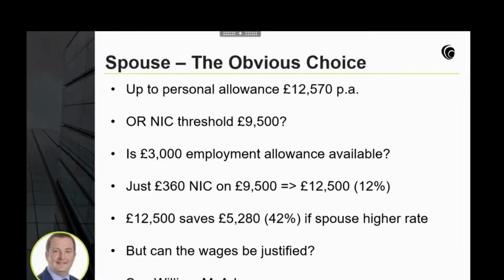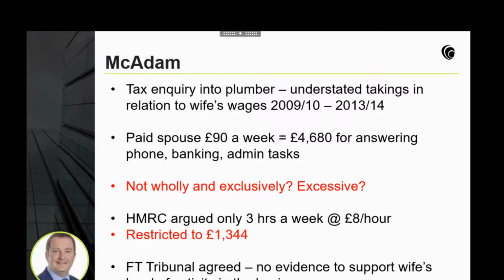And this principle, and I'm going to skip over this slide in the interest of time, but this principle that I've just raised was highlighted in the case of William McAdam, which is summarised on the next slide.